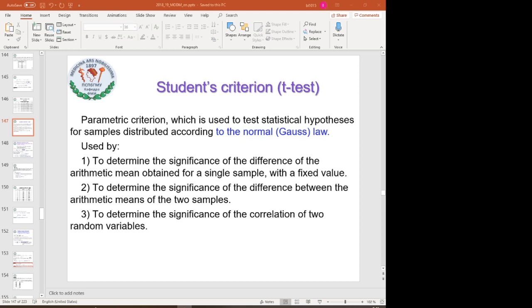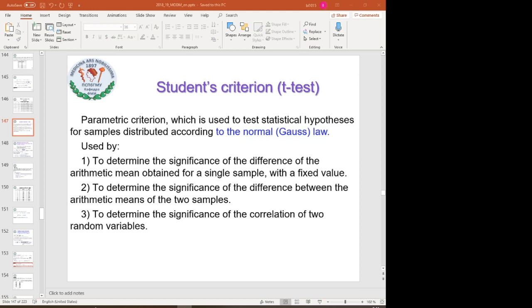Only in this case we use the one-tailed criterion. If samples are actually independent and we are not sure that one is necessarily bigger than another because of some non-statistical considerations, then we should take the two-tailed test.